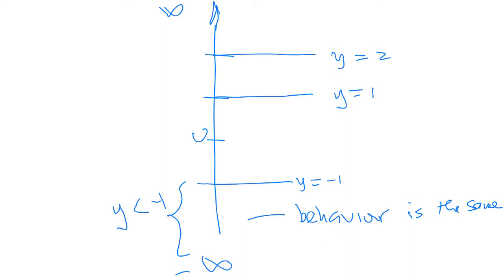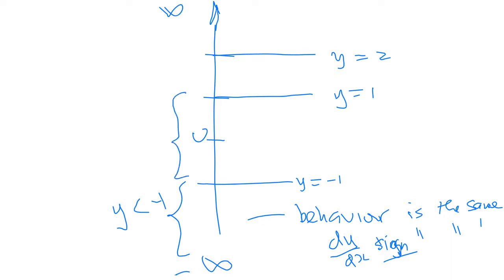In other words, the sign of the derivative is the same, whether it's positive or negative. So if we find that at one point in this region the derivative is negative, we know that the derivative is negative throughout the rest of the region y less than -1.